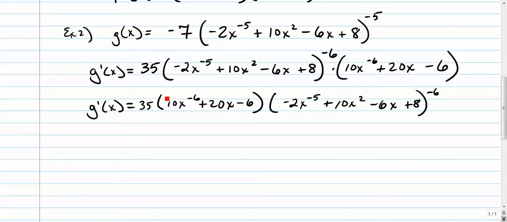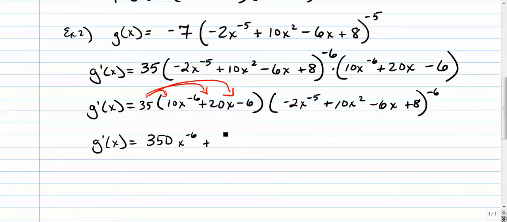So we're going to distribute this in. So we get 350. Let's see, g prime is 350x to the -6th plus, that's got to be 700, right? 700x minus, let's see, 210. And then this remains unchanged.